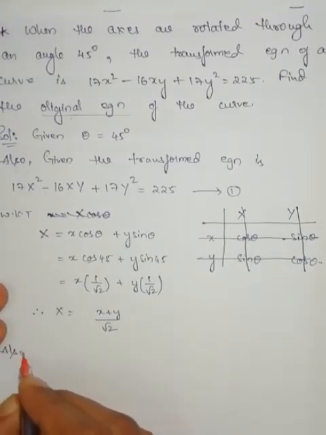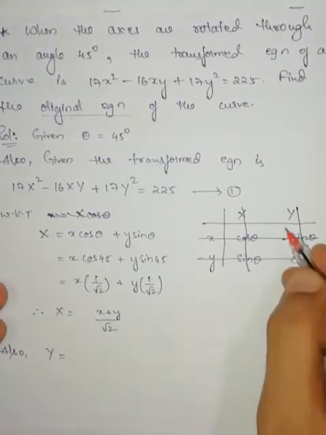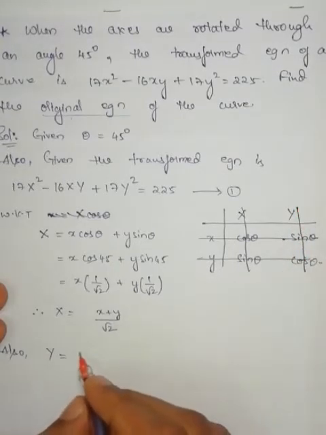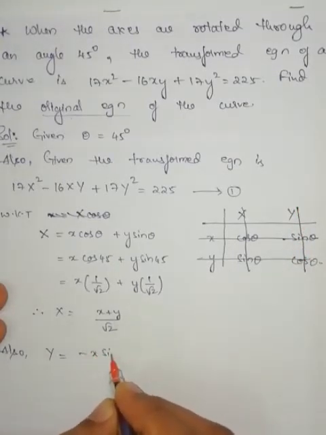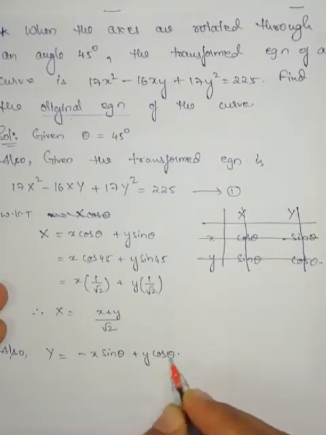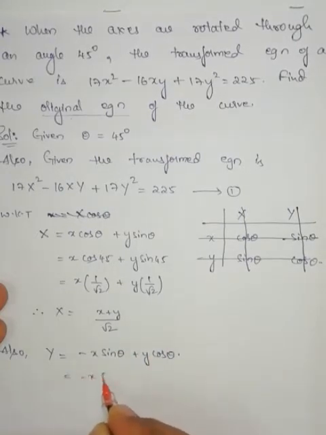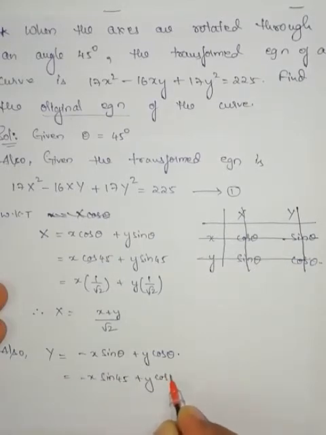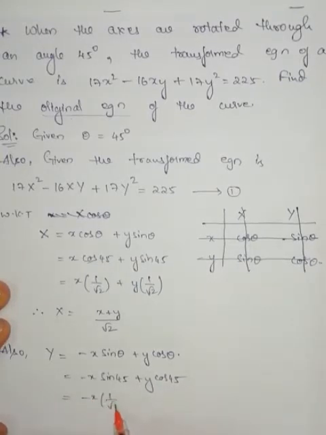Also, capital Y is equal to minus x sin theta plus y cos theta, which is minus x sin 45 plus y cos 45, which is minus x times 1 by root 2 plus y times 1 by root 2, which is equal to (y minus x) by root 2.